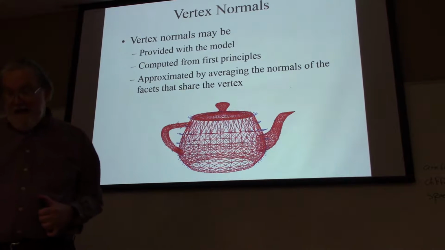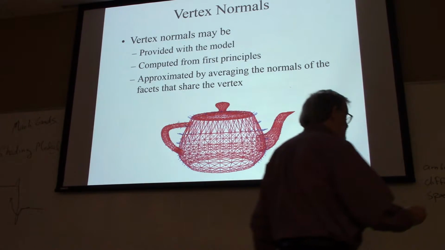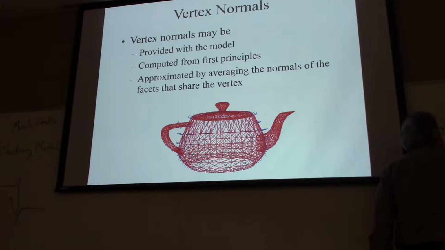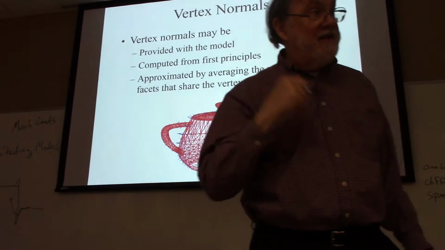We can calculate a vertex normal for every facet, but we can also calculate where the two facets blend together right here. Right at that point, what is the normal at the vertex?